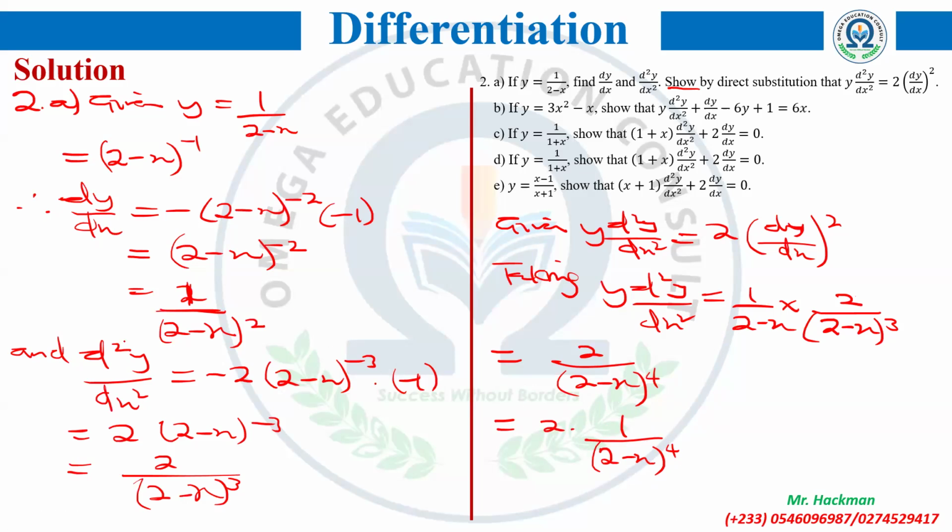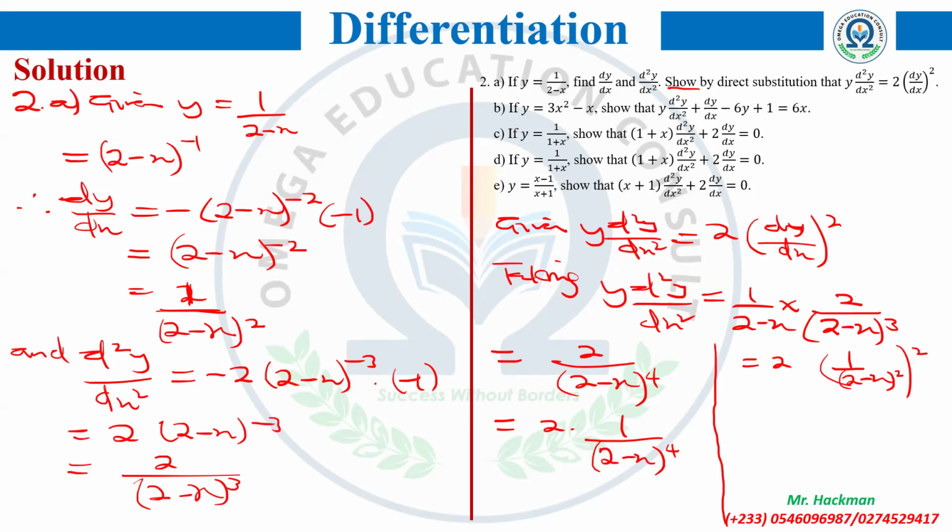So if I continue to the next page, I'm going to get this to be equal to 2 times 1 over 2 minus x, squared, all squared. Can you see that?